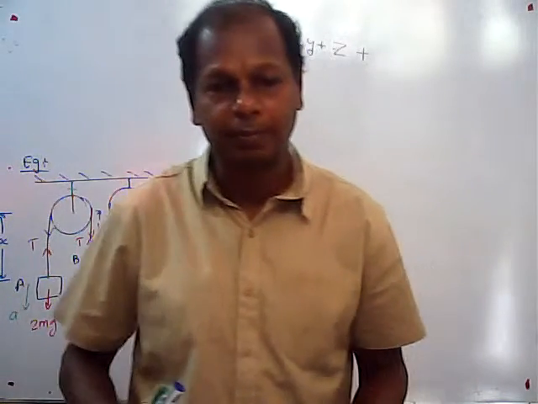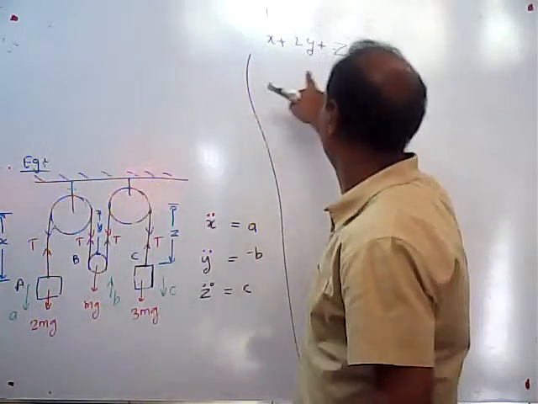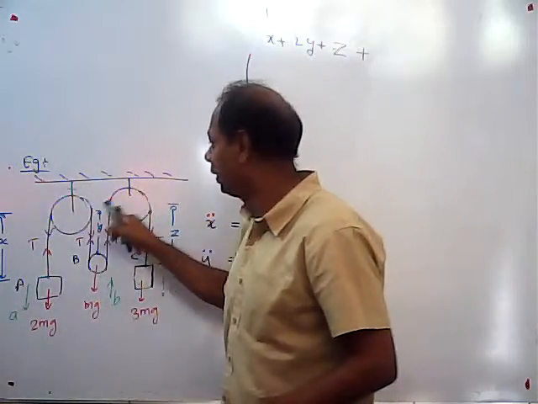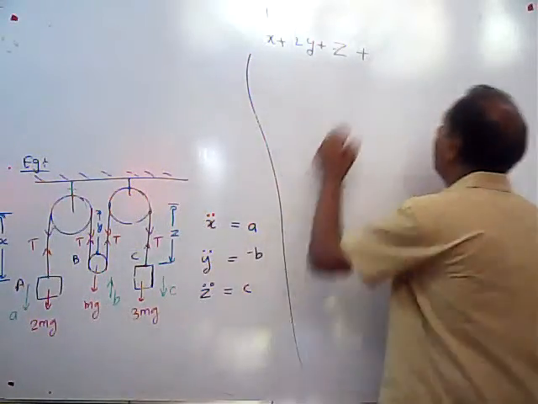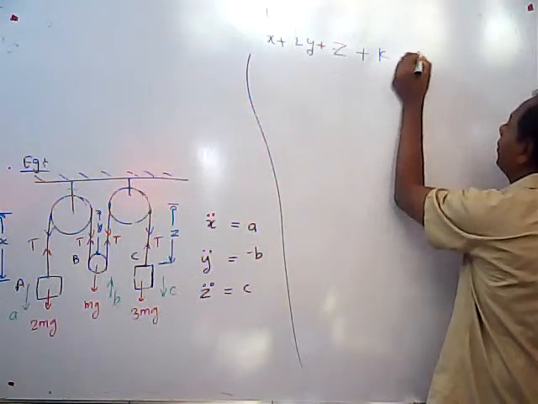They don't change with time. So x plus 2y plus z plus that fixed part is equal to the total length.